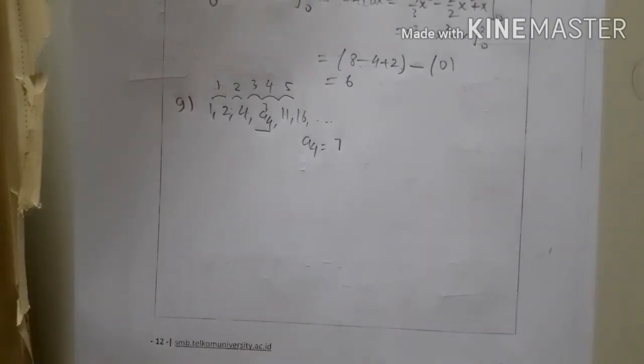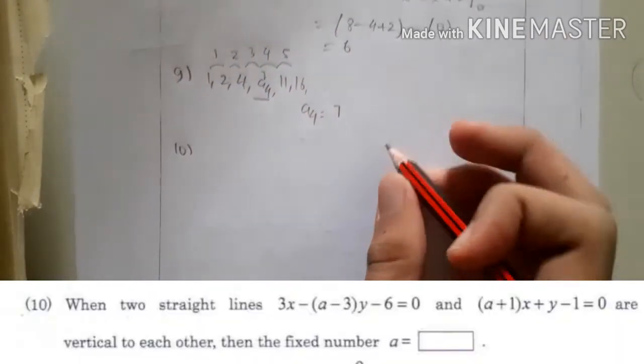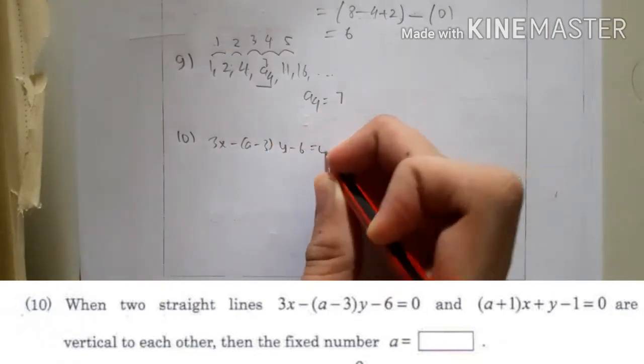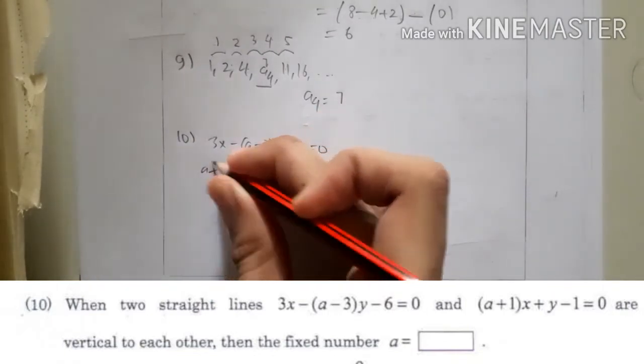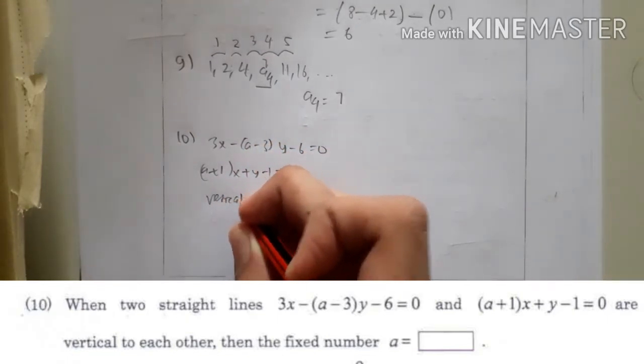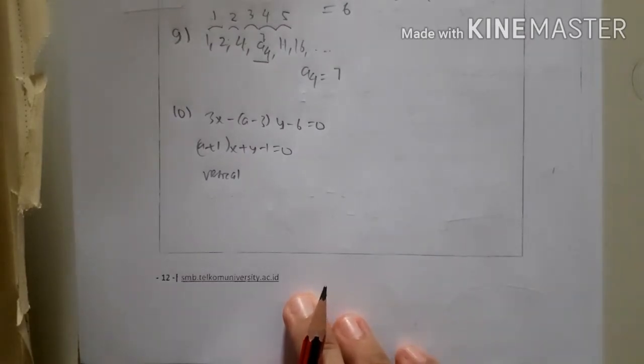Okay, now for number 10, when two straight lines 3x minus (a minus 3)y minus 6 equals 0 and (a plus 1)x plus y minus 1 equals 0 are perpendicular to each other, then the fixed number a is what?